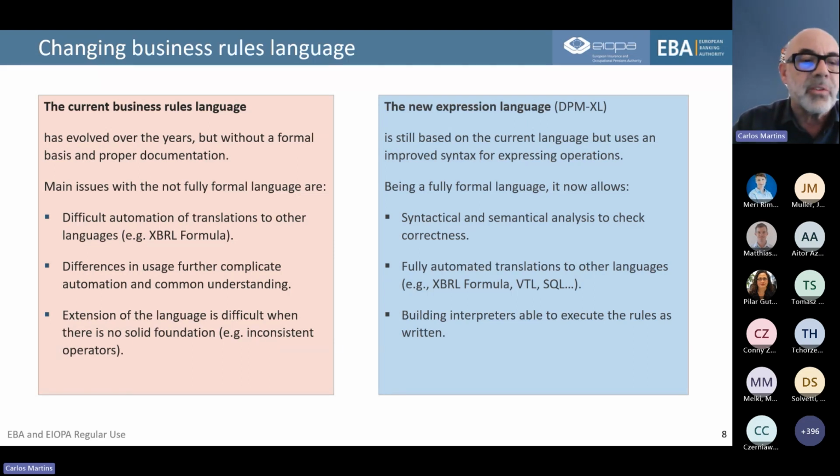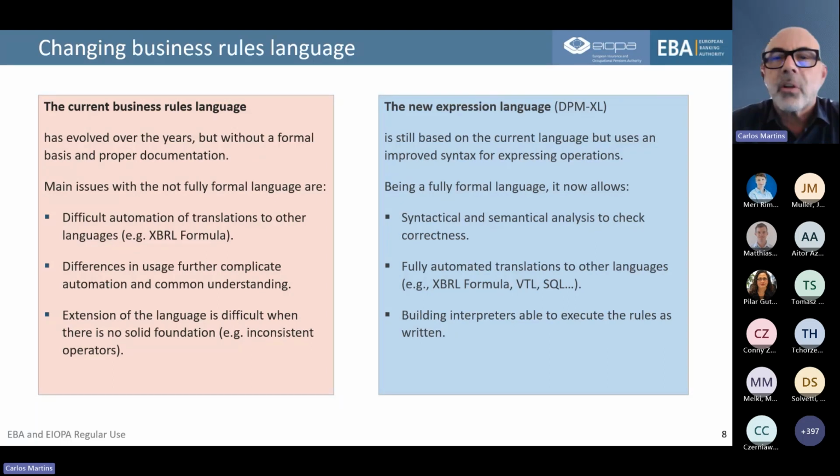And also it's more difficult to extend because we are missing some solid foundation. One case for this is operators, which are a bit inconsistent. In some cases, there are more than one way to define the same thing. So this is why there was also focus on defining a new syntax for the expression language, which we call the DPM XL, or expression language.